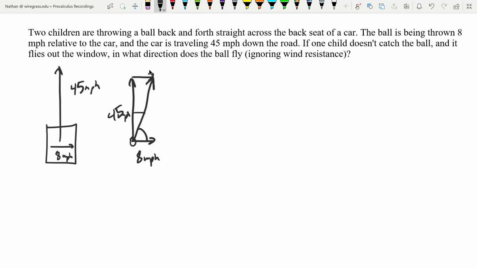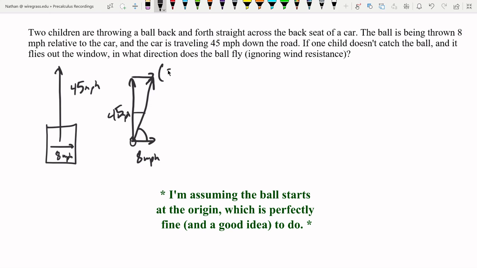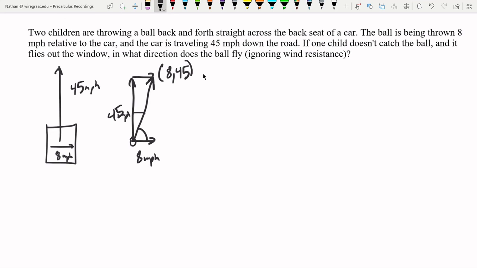And we know this vector because it's going to have the x coordinate 8 and the y coordinate 45. Nothing's been changed. The 45 is directly vertical and the 8 is directly horizontal. So that means it has the components 8 and 45.